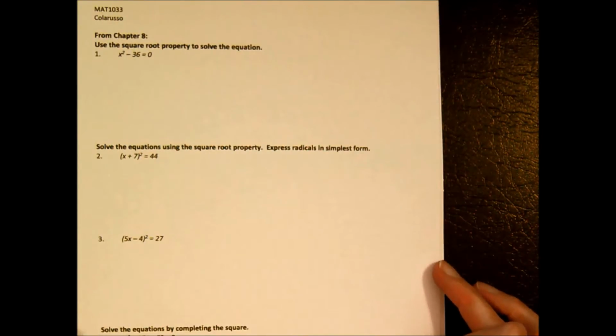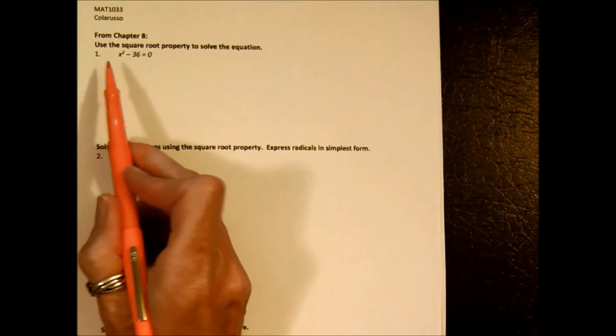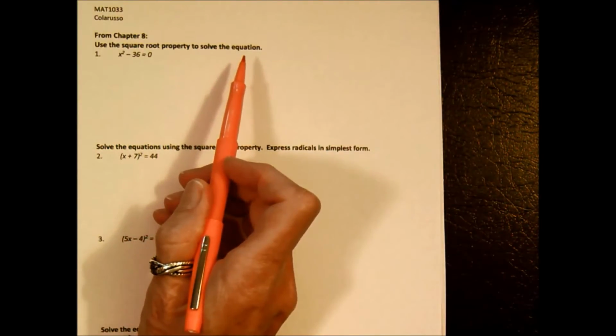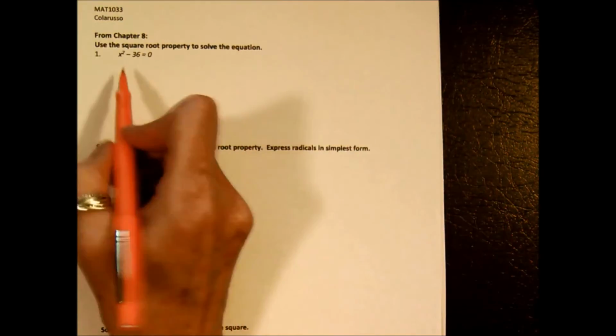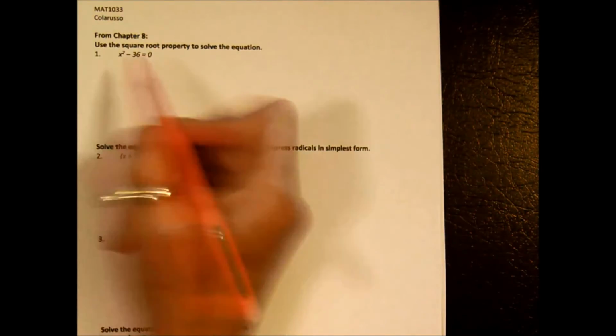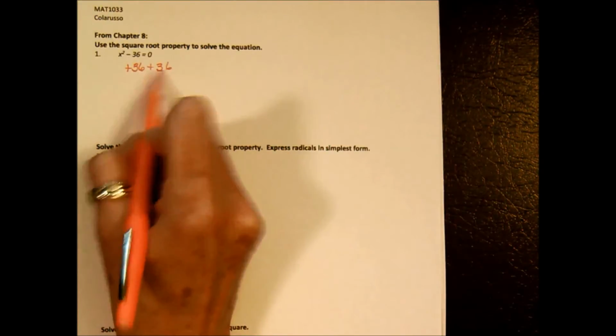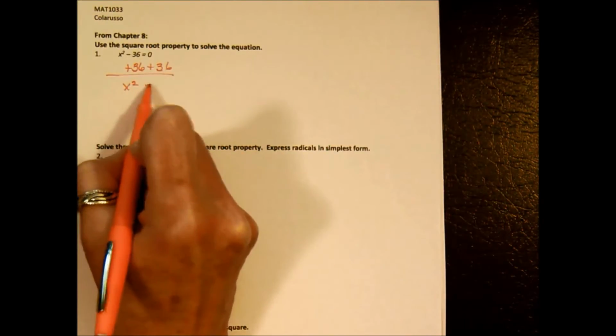All right, let's look at the last chapter that we're testing in Module 5, which has to do with quadratics and solving quadratics. So the first one, number 1, says use the square root property to solve the equation. Well, the square root property says to first isolate what was squared. So we're going to move that 36 to the other side. That would be x squared equals 36.